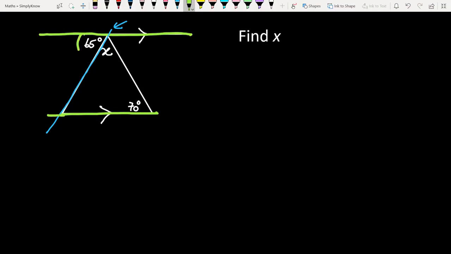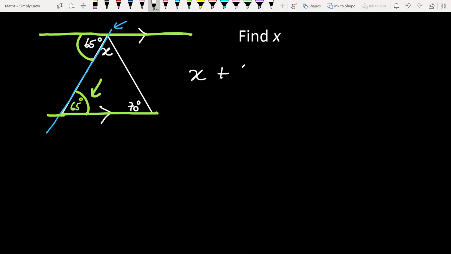So this particular angle should be equal to the angle here. And therefore, this angle should be 65 degrees. Because these two angles are alternate angles. Now we can easily find the value for x.